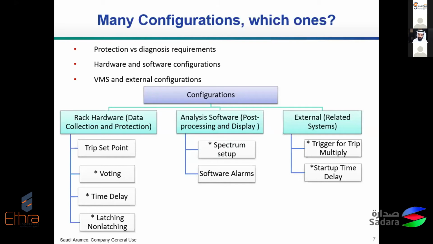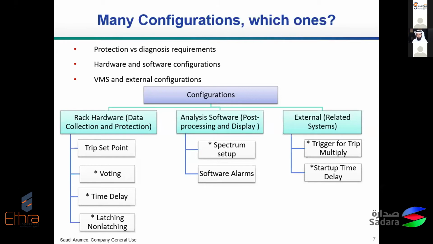And then you have the time delay, which is again configured in the rack hardware. But when we go to triggering the trip multiply, you can see that it's configured in the external hardware. So that will trigger something that is configured in the rack. If any of those are not configured correctly, that means the whole system will not work as expected.